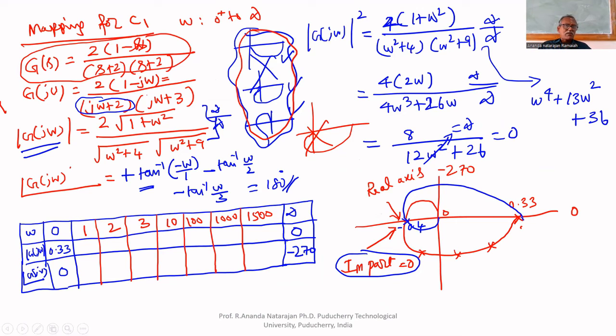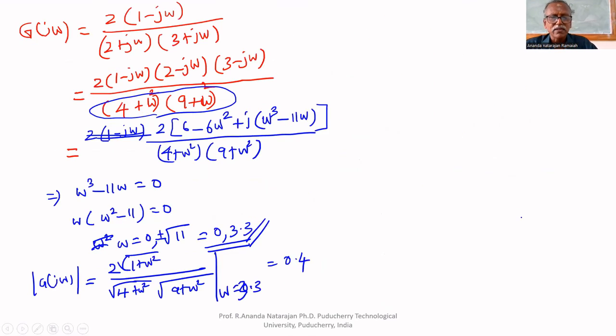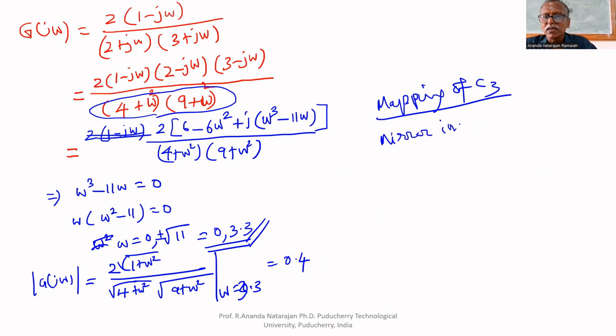That's why we got this plot. So the mapping of C3 is the mirror image of the mapping of C1 always.